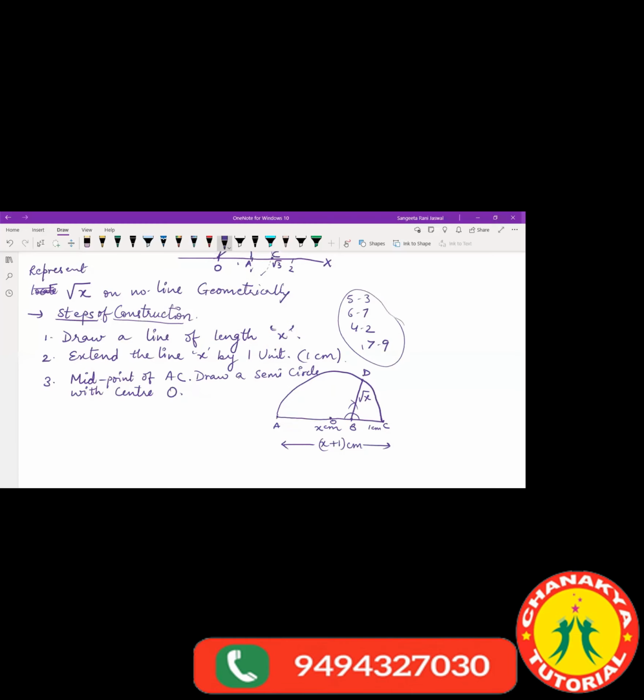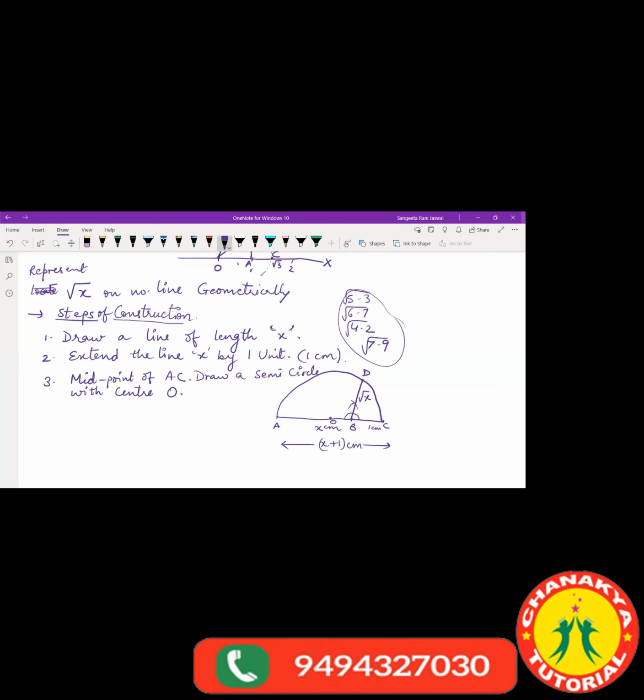Root over whatever X you are given, this much distance is your root over X. This is a general method for every number, whichever number you are given. This is how you need to find it.